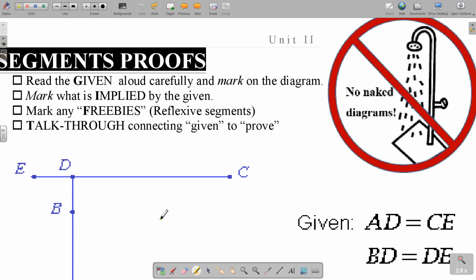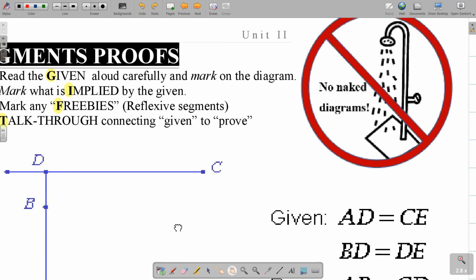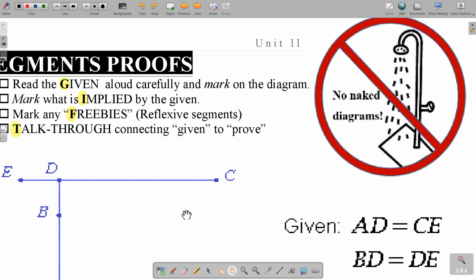We're going to be following what's called the GIFT process. That's why there's a gift there. We're going to read the given aloud carefully and mark it on the diagram. We then mark what's implied by the given. We're going to mark what are called freebies. That's not a technical term. There's things that are true even if they're not in the diagram.